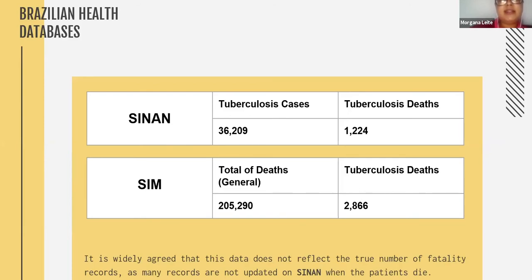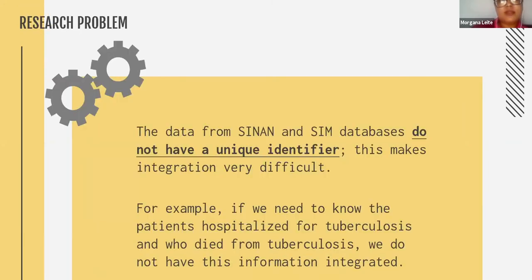It is widely agreed that this data does not reflect the true number of fatality records, as many records are not updated on SINAN when the patients die. The data from SINAN and SIM databases do not have a unique identifier. This makes integration very difficult.